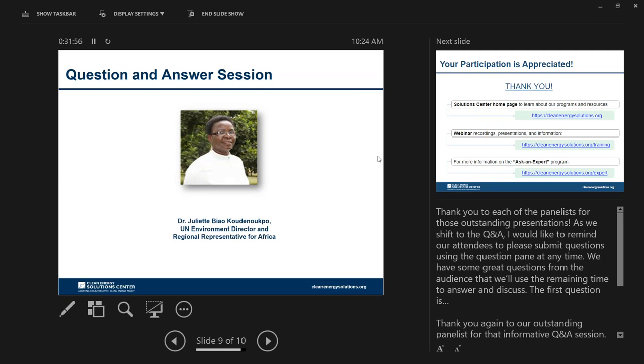I mentioned in my presentation that Africa is strongly dependent on biomass for energy, and in collaboration with the African Development Bank, UN Environment has developed the Atlas of Africa Energy Resources.